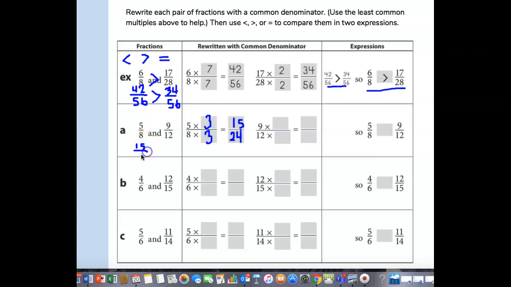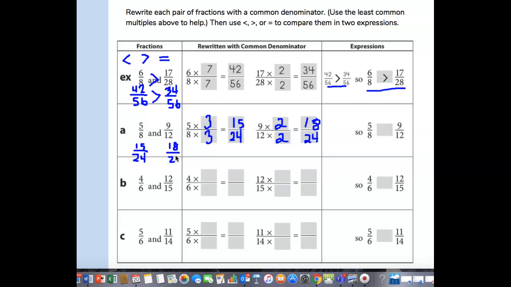But we can't compare them unless we have common denominators. So over here, 12 times 2 is 24. And so whatever we do to the bottom, we have to do to the top. 9 times 2 is 18. So 18/24 is what 9/12 is.